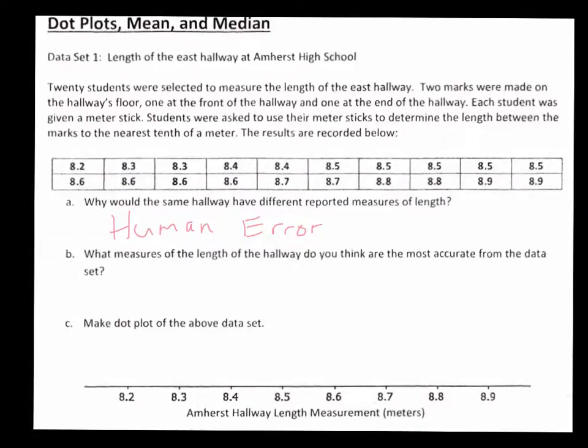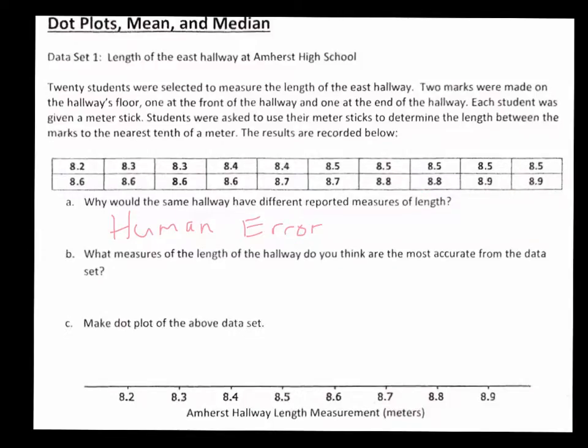What measures of the length of the hallway do you think are the most accurate from the data? Well, it's hard to judge just by looking at the data, but if we look along here, there's this huge section of 8.5. There's 5 of them. And there's not another number, even if we continue on, that has more than 8.5.